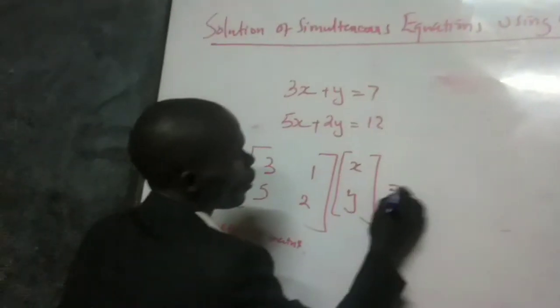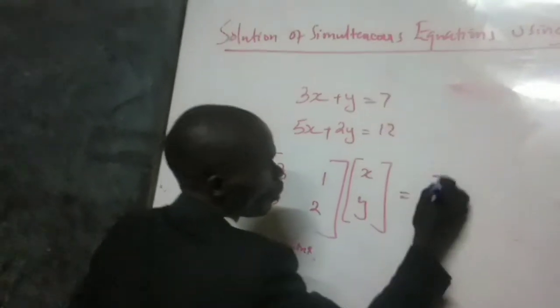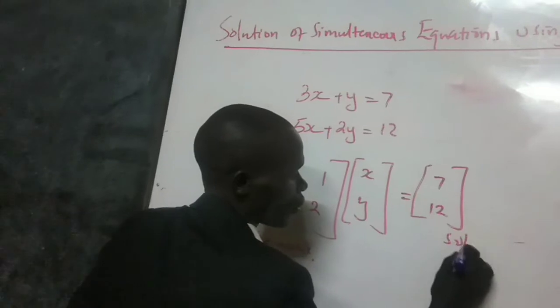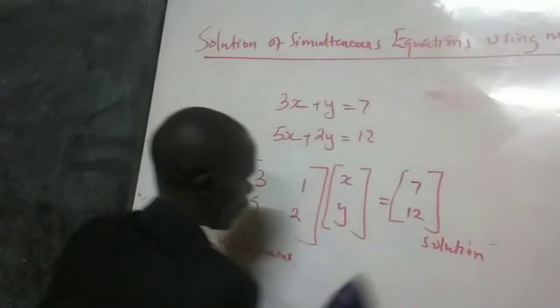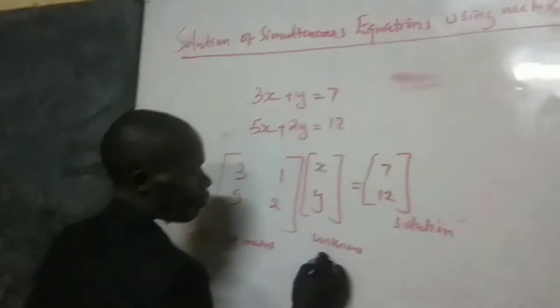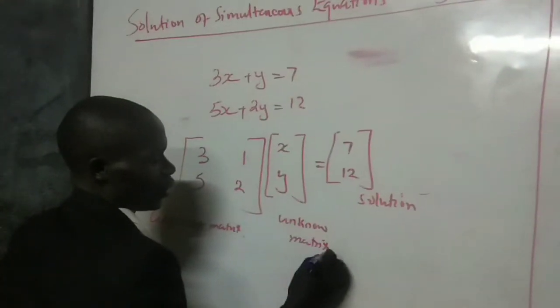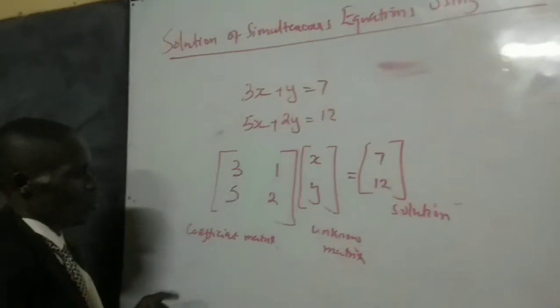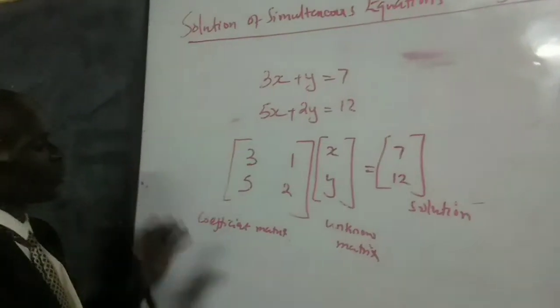And then the 7 and 12 now forms what we call the solution matrix. This one is the unknown matrix.